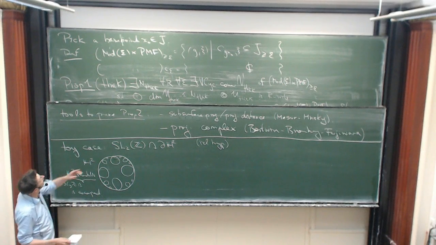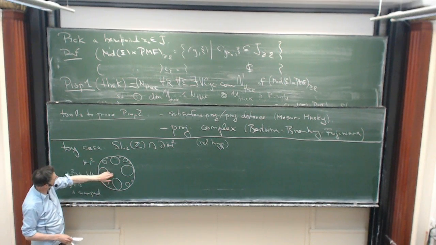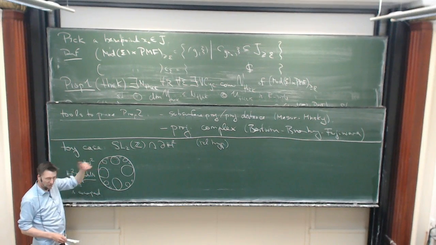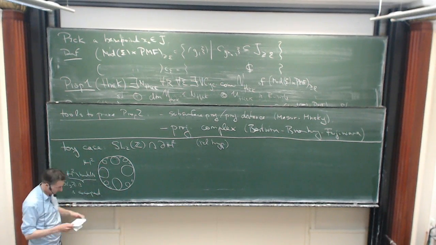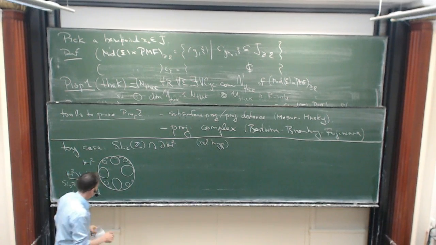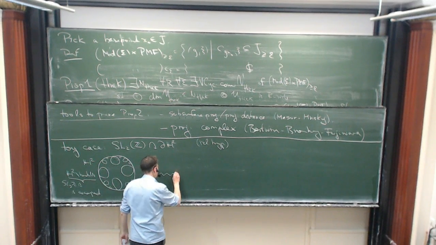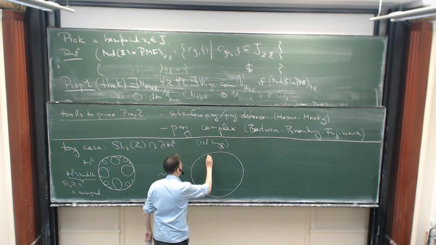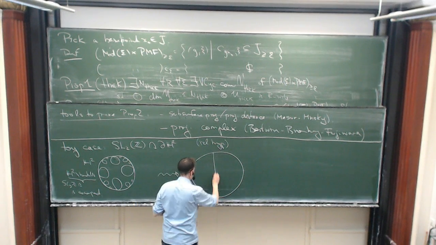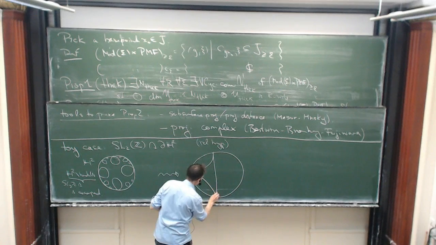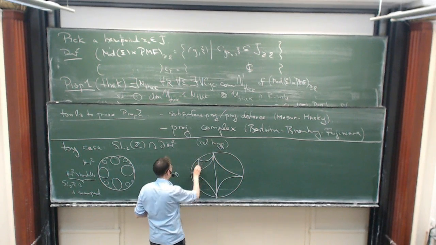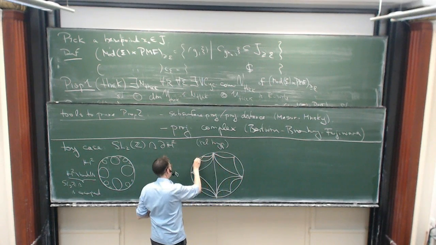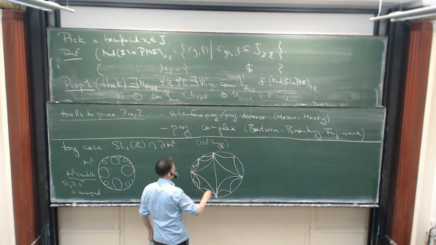Over here, we're fine if we stay outside of the horoballs, but if we go into the horoballs, then we have to use the structure of the horoballs to produce our cover. And it's slightly easier to work with a combinatorial alternative, namely the Farey graph.